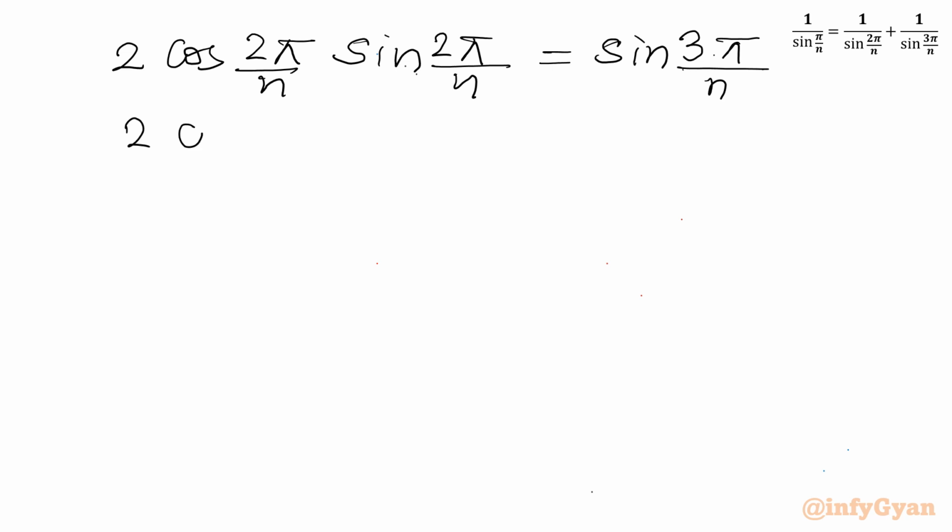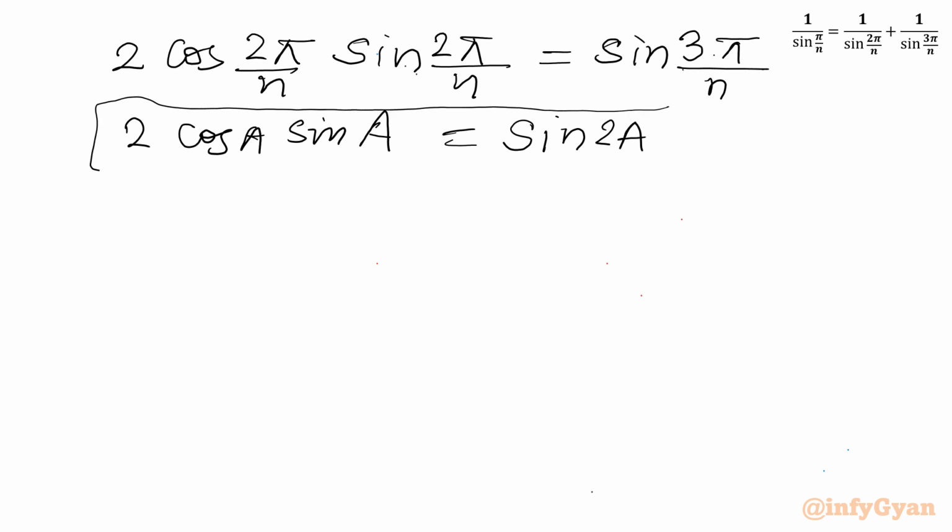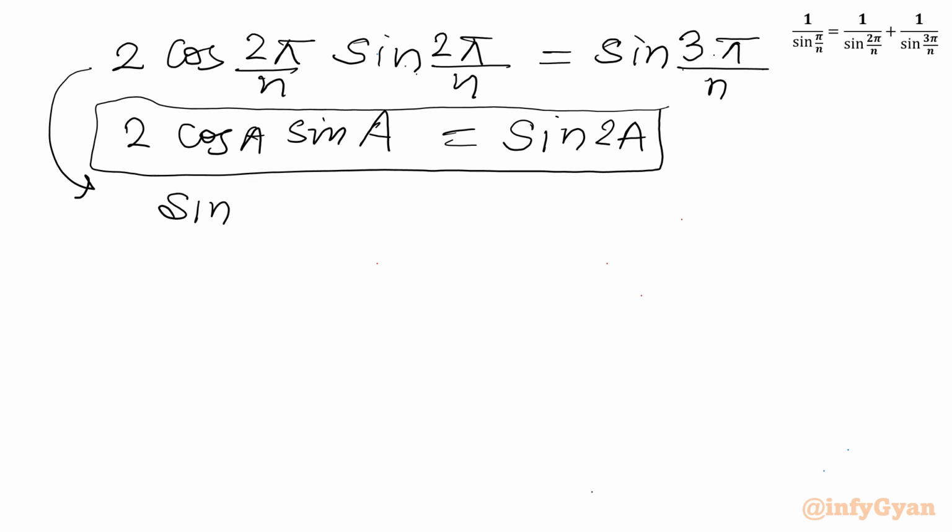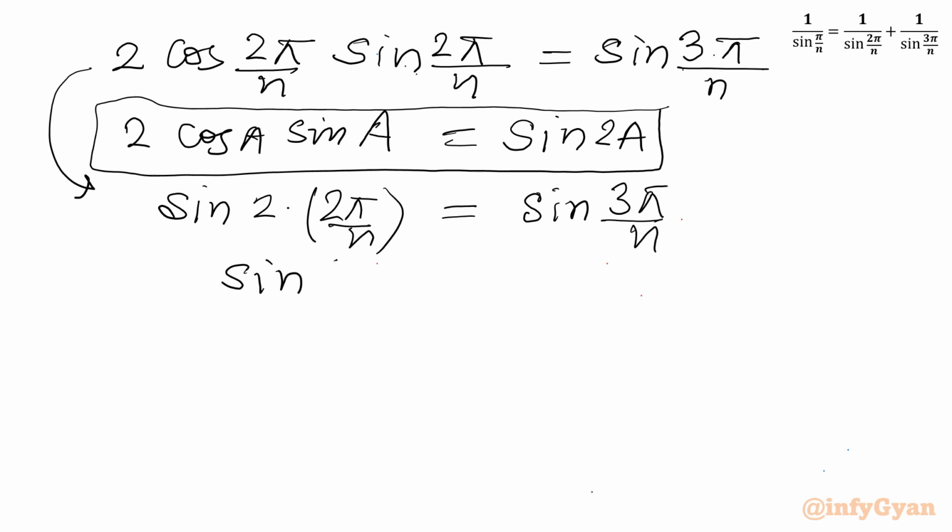Now 2 cos A sin A, or 2 sin A cos A, is equal to sin 2A. So this formula we will apply in LHS. So our equation will become sin of 2 times 2 pi by n, equal to sine 3 pi by n, or sine 4 pi by n equal to sine 3 pi by n.